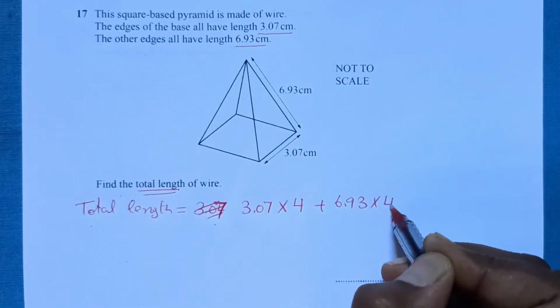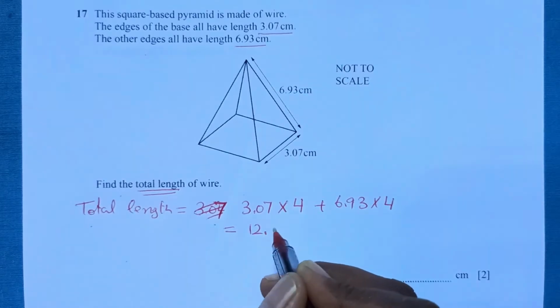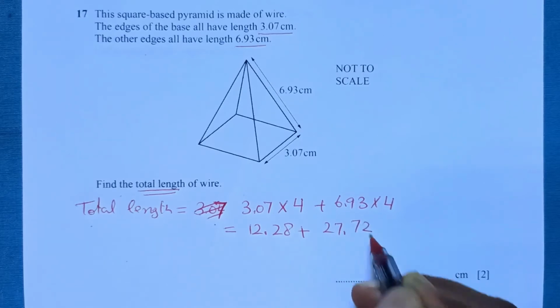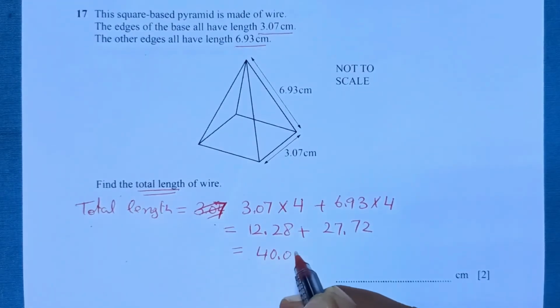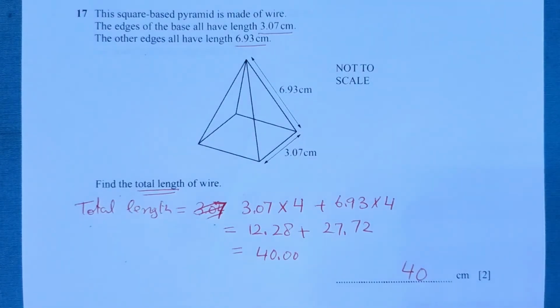So again times 4. When you multiply this, it comes out to be 12.28 plus 27.72. So add them together, you get 40.00, that is 40 centimeters. So the total wire used is 40 centimeters.